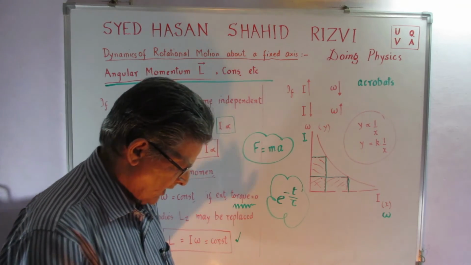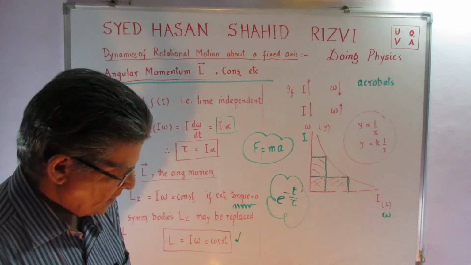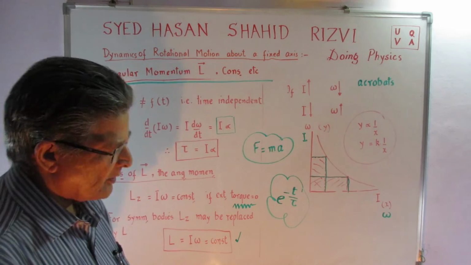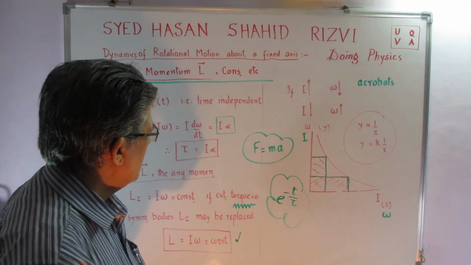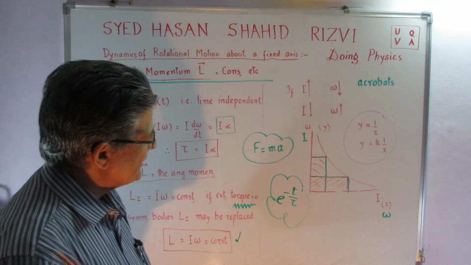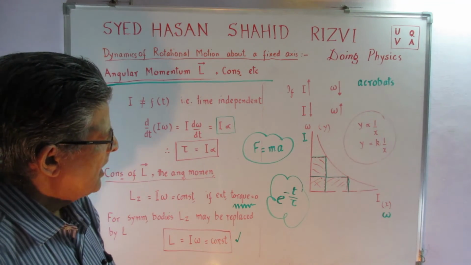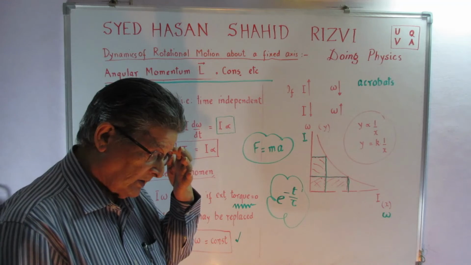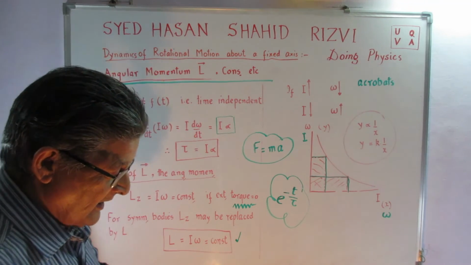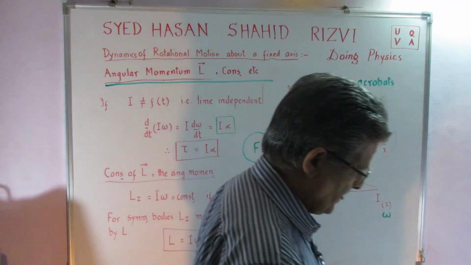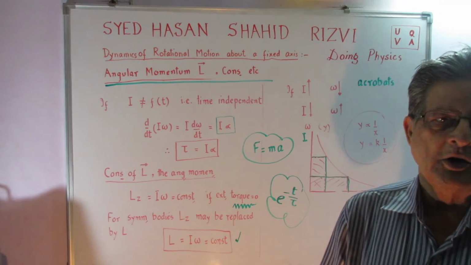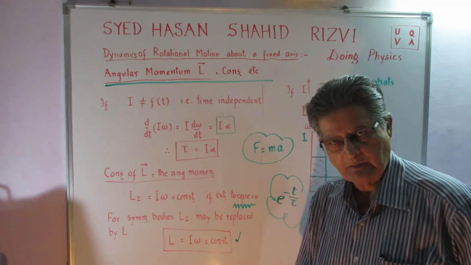Now, what we have done today is we have talked about rotational motion about a fixed axis, and we have talked about angular momentum and the various attributes of the angular momentum. We have also seen that the angular momentum and the angular velocity need not be in the same direction.